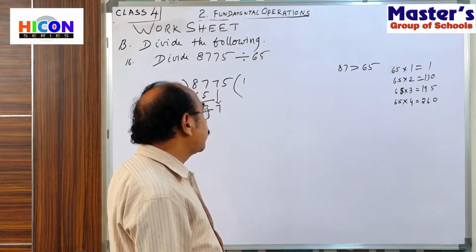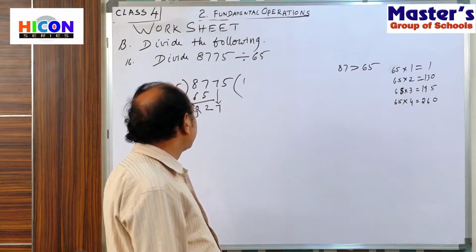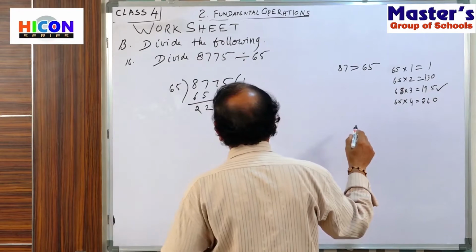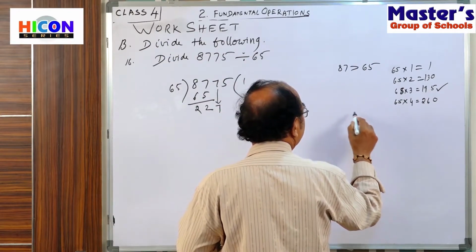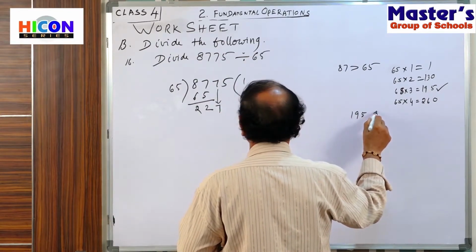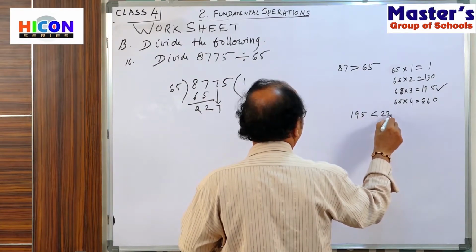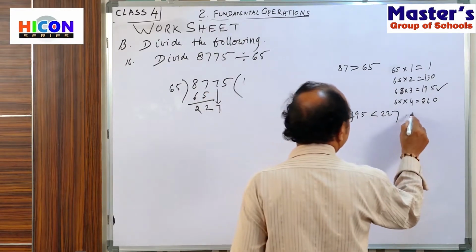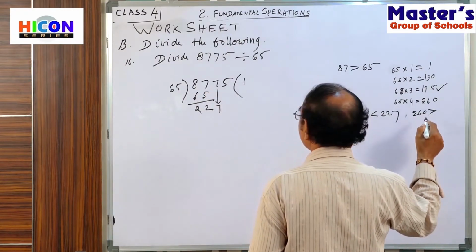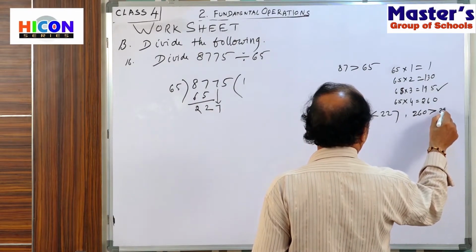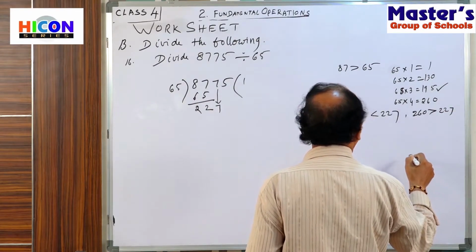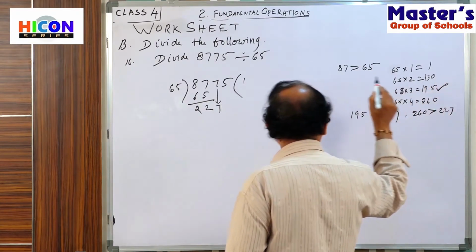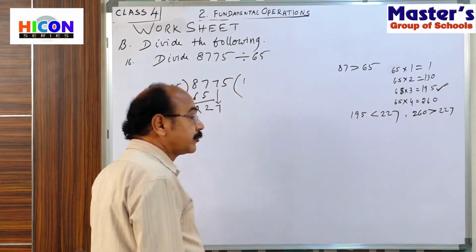So how many times, children, do you select now? 3 times or 4 times? 3 times. Because here 195 is less than 227. 260 is greater than 227. That's why we select 65 three times.